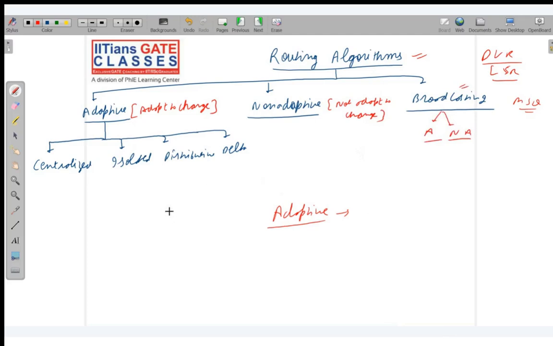So the very first is centralized. As the name suggests, centralized means everything is centralized. There will be a centralized router, which I have designed very big, and there are multiple small routers.